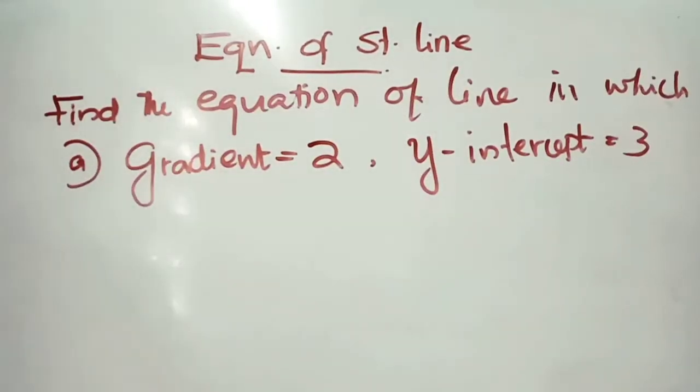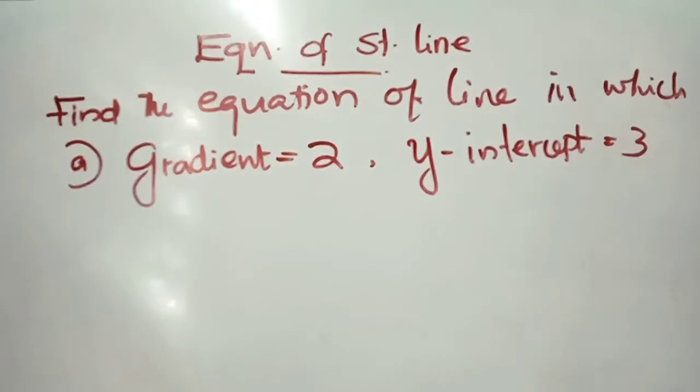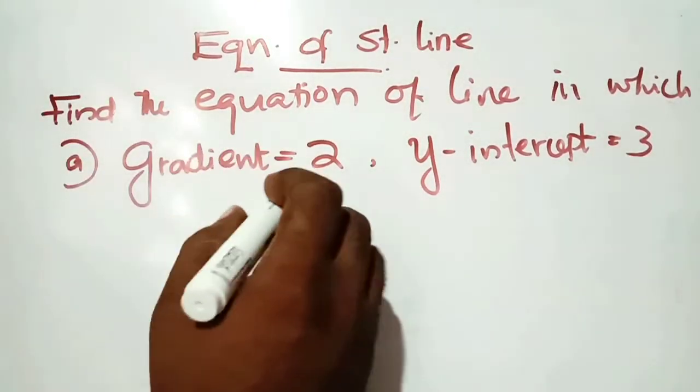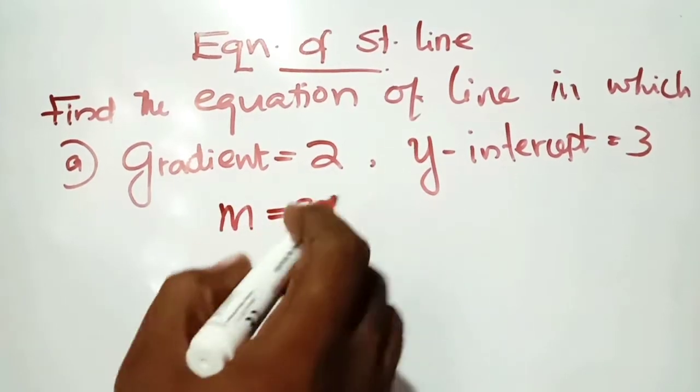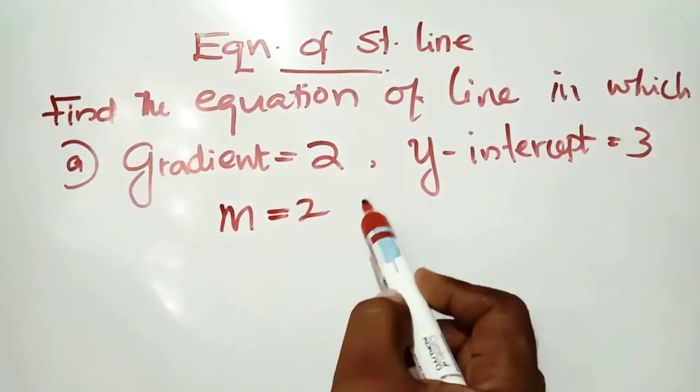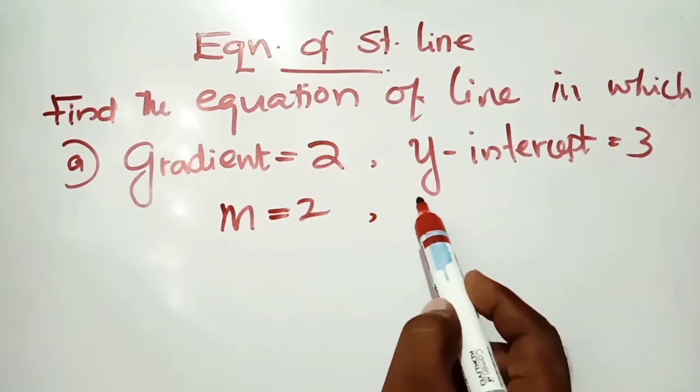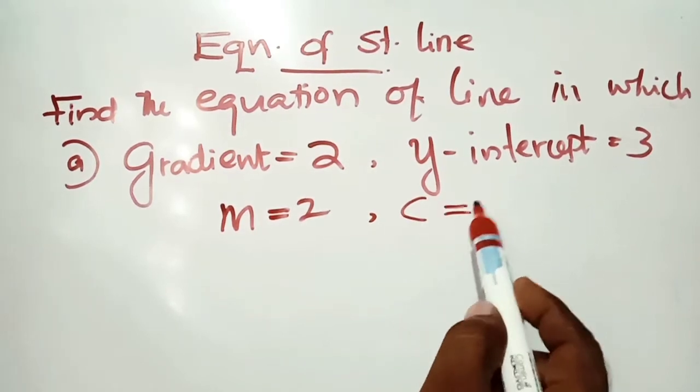Find the equation of the line in which the gradient is 2 and the y-intercept is 3. In this question, the gradient is 2, which means m is 2 because gradient is denoted with m, and y-intercept is 3 means c is 3.